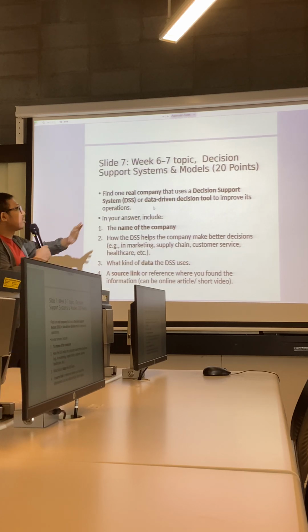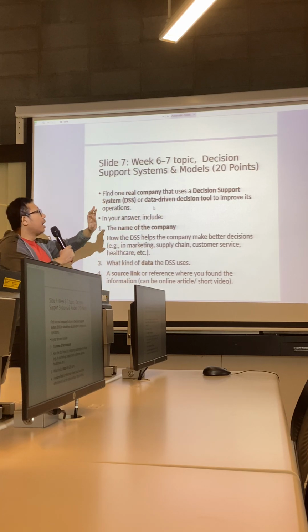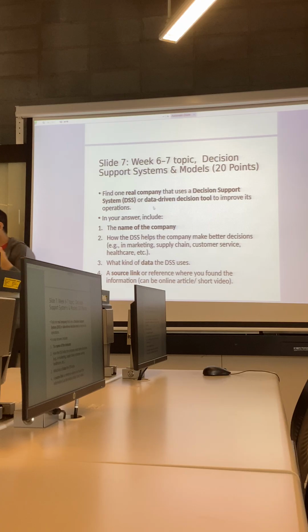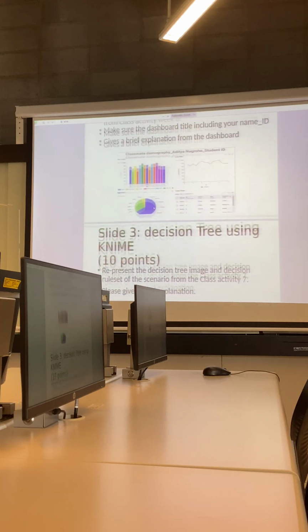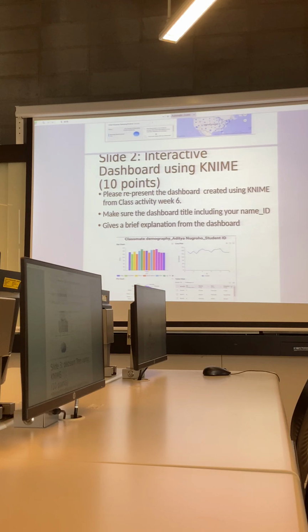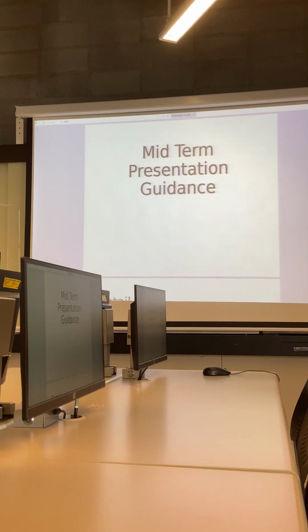So please find a real company that uses DSS to make decisions. There are a lot of decisions you can cover. Companies usually use some kind of software, so this is what you need to refer to for the midterm presentation.